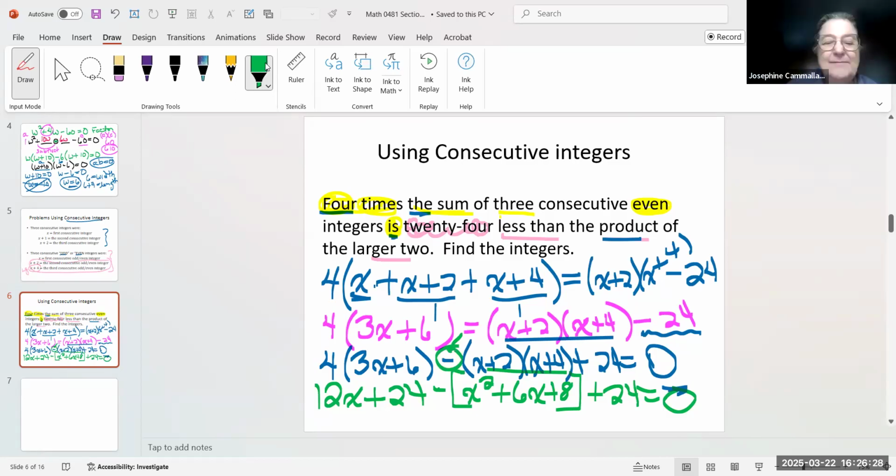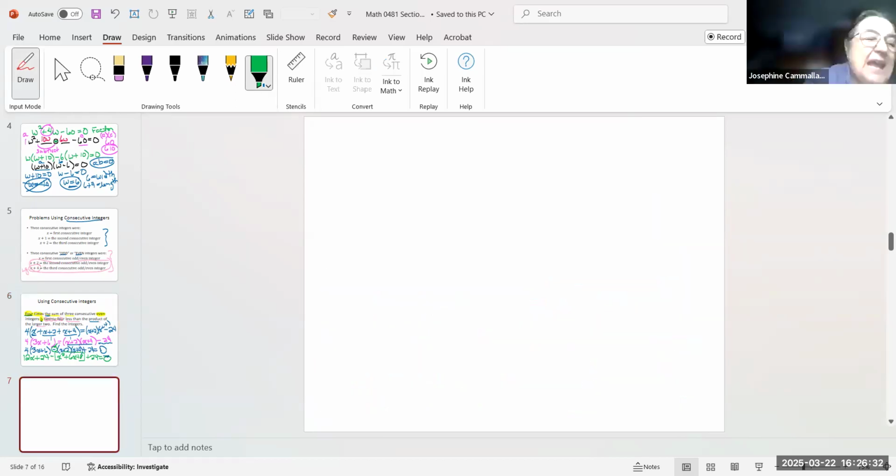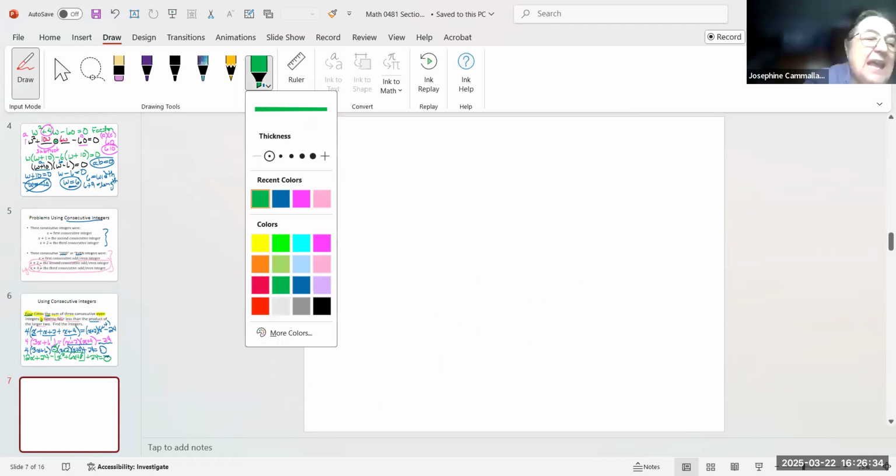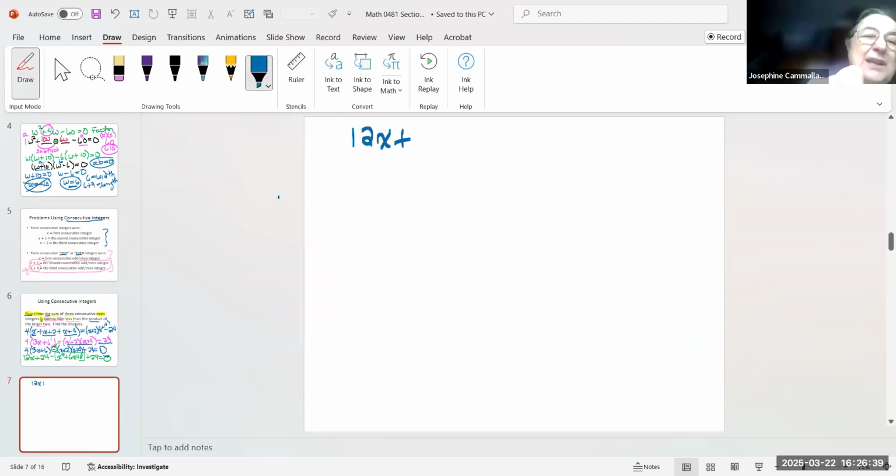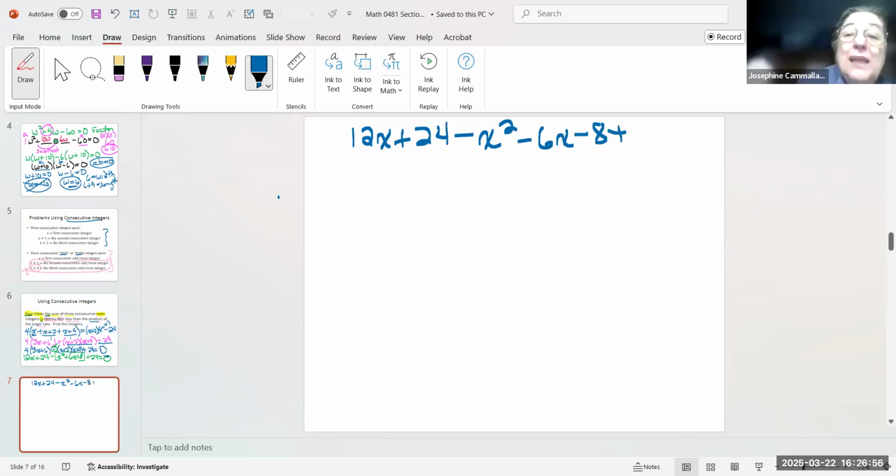Now, I'm going to go to my next slide, okay, and what I have is 12x plus 24. Now, I'm going to distribute that negative sign, which is negative x squared minus 6x minus 8 plus 24 is equal to 0.